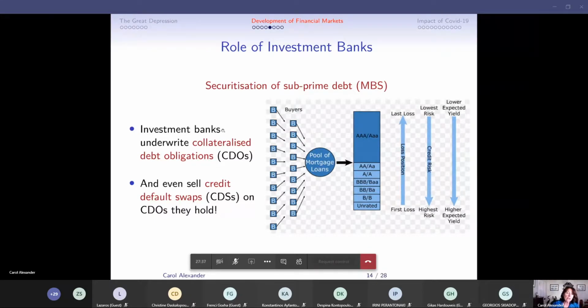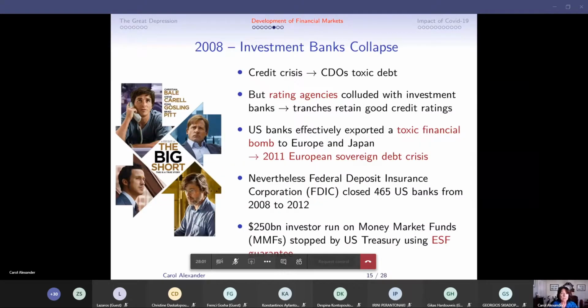So these CDOs were underwritten by investment banks and sold on to other banks, hedge funds. All large institutions were buying CDOs. And then investment banks, as well as insurers like AIG, were selling credit default swaps, CDSs. Goldman Sachs sold credit default swaps on CDOs that they held. You may well be familiar with this very good film, The Big Short.